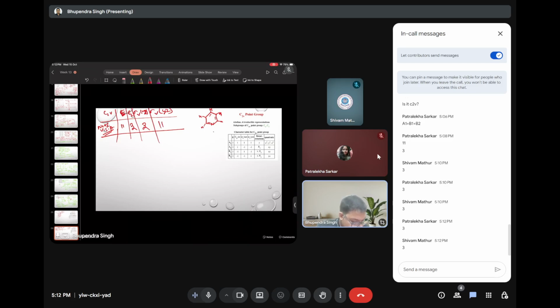One plane is like this, another plane is this, because your C2 is this. No plane is perpendicular to this because this point group is C2V. So that is 11.